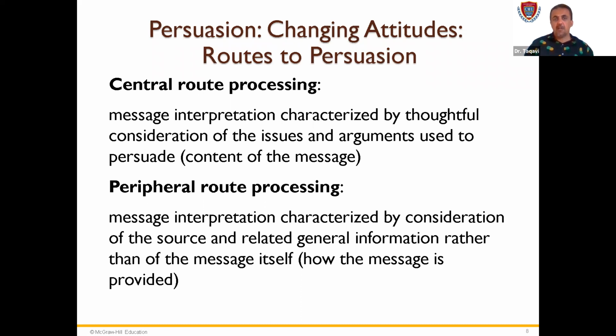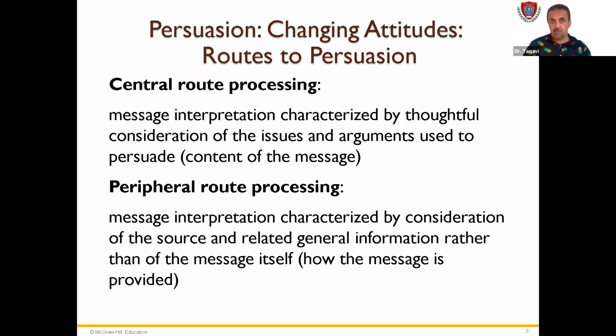Now, again, here we have message interpretation characterized by consideration of the source and related general information rather than of the message itself. For example, what is the source of the message, what is the pathway we are using for sending the message. It is peripheral. It is not about the main core of the message.